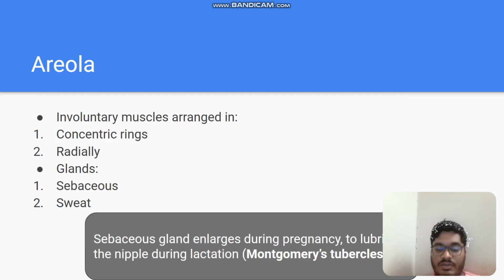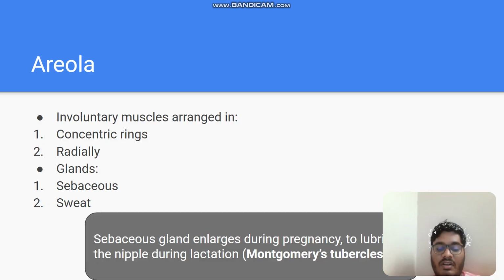Areola. Areola is the tissue that surrounds the nipple and contains involuntary muscles which are arranged in concentric rings and radially, and it has both sweat and sebaceous glands. An important thing to note here is these sebaceous glands enlarge during pregnancy to lubricate the nipple during lactation.